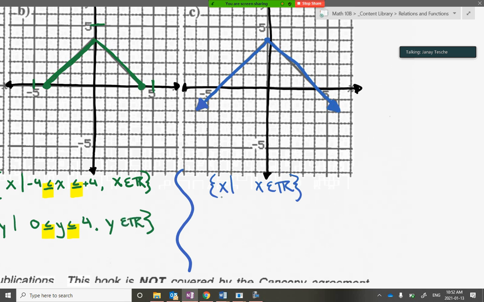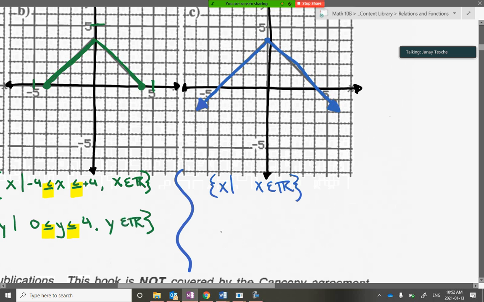Much more of a restriction on my y's though. I have no y values that are greater than 4. It goes much more negative. So we would say all the y values such that y has to be less than or equal to 4, and then y is an element of the reals.